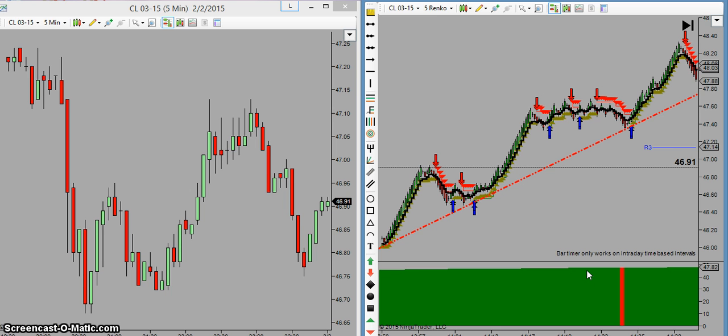Correct. So by just using a simple trend line, we see in this particular example on crude oil, the trend is going up. So we want to ignore all the down signals.